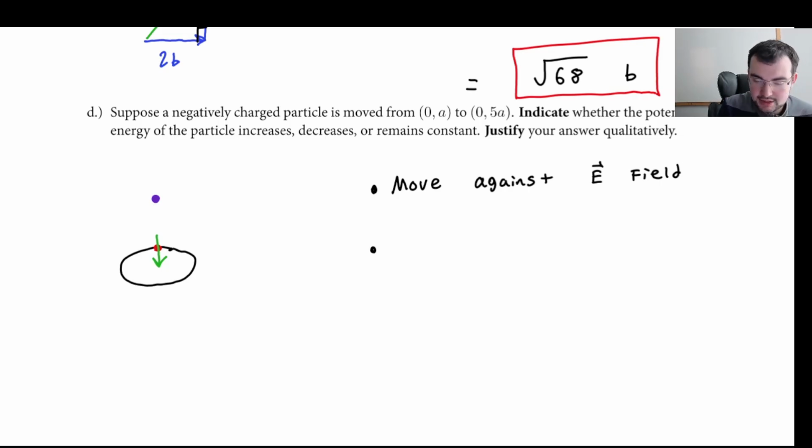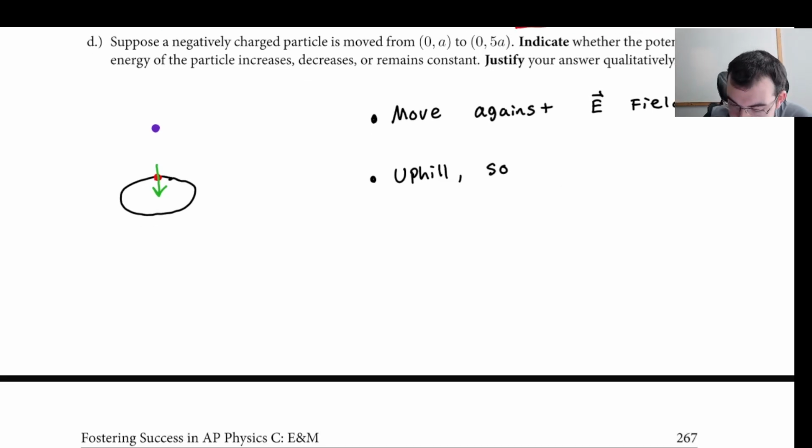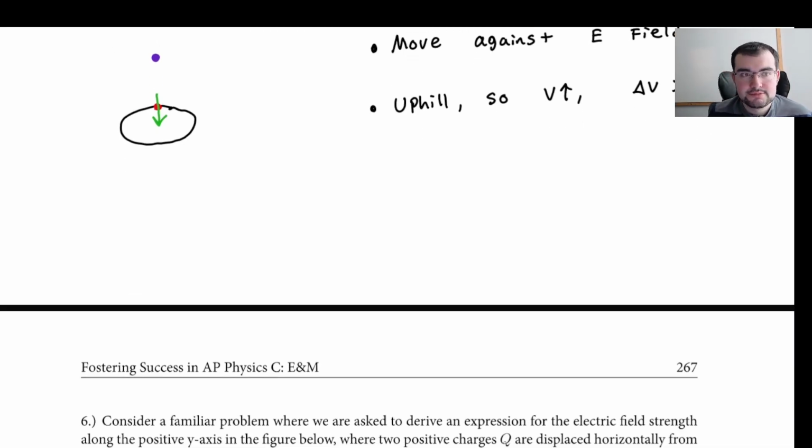And if you move against the E field, that means you move uphill. So delta V is going to increase. So V increases, which means that delta V is a positive number. Because if moving with the field takes you downhill, moving against the field has to move you uphill.